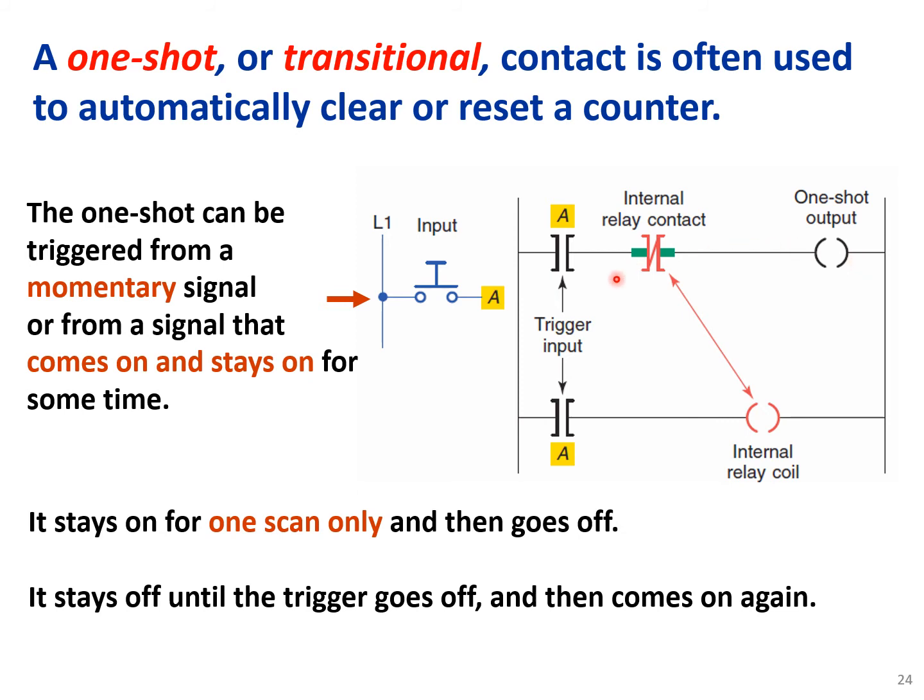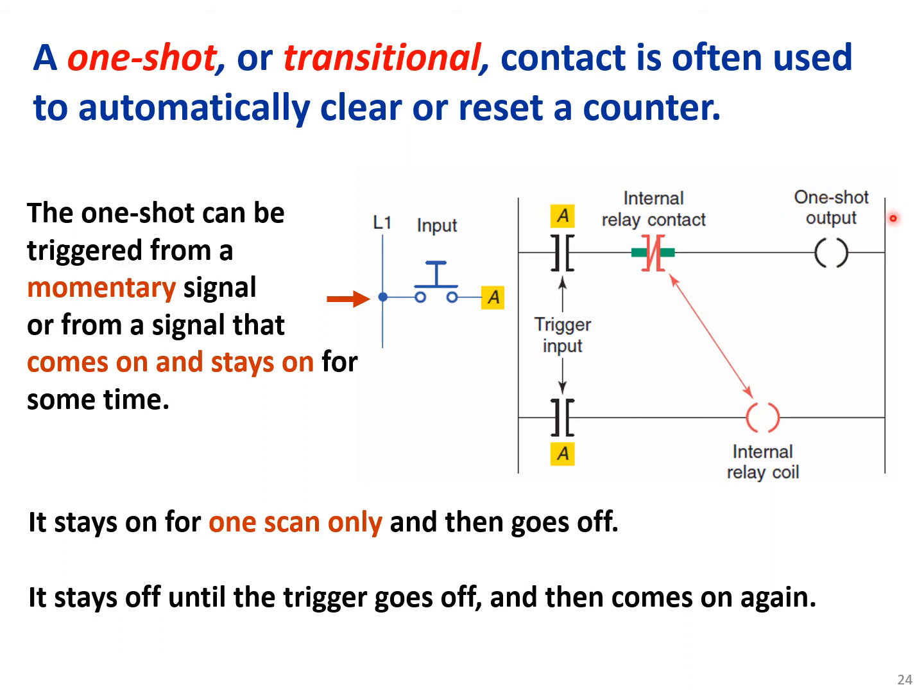Yes, but a few milliseconds after, less than a millisecond, it depends on the speed of scanning. Since the A is true, the internal relay coil becomes true, and then in the next scan the negated value will be false and the one-shot output becomes false.